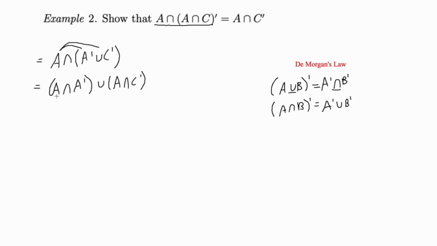So right over here, we know that this is the empty set because you can't have something in A and not in A. So this is the empty set, or phi.